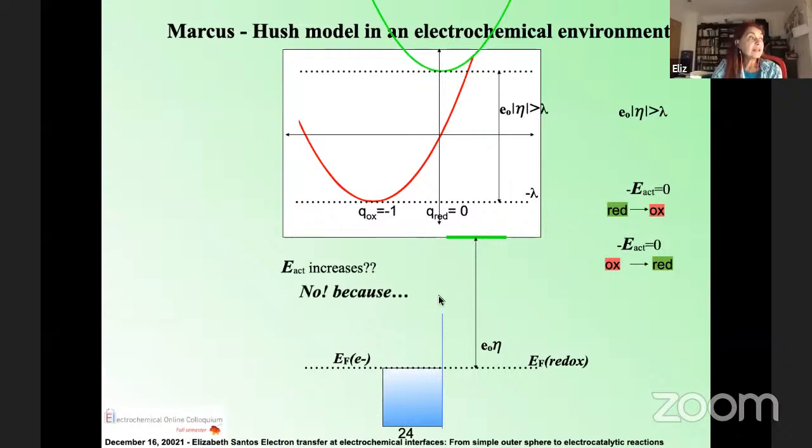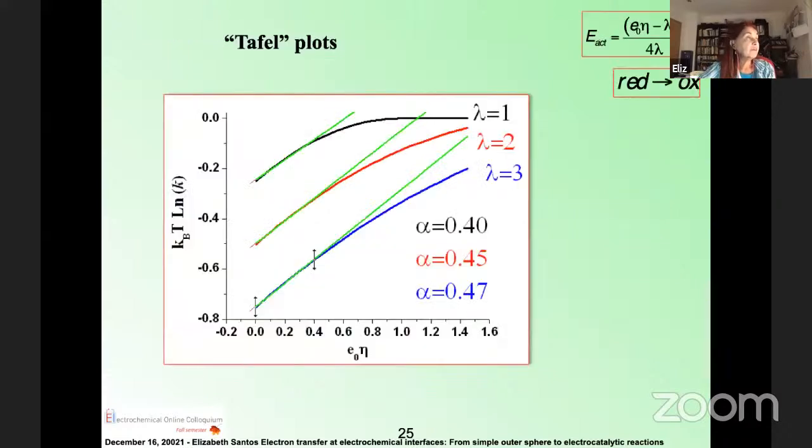The answer in the case of a metal is no, because we have enough electronic levels in the metal where the electron can go. Up to a point, the activation energy is always 0, but does not increase anymore. That means that our Tafel plot looks like that.